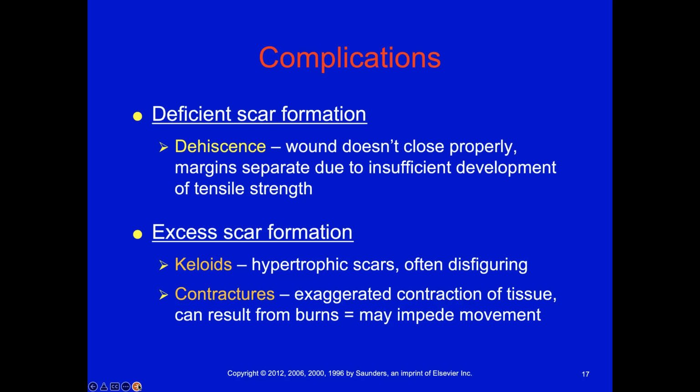And then we have, as a real extreme, contractures. These are very large scars, and they're often the result of burns, particularly electrical burns. And here, the scar is so big that it actually pulls the surrounding normal tissue towards it and tightens that tissue up to the point where that can actually impede the movement of that particular part of the body.